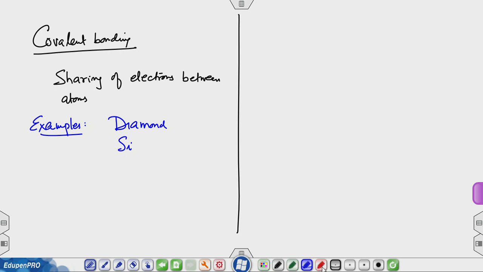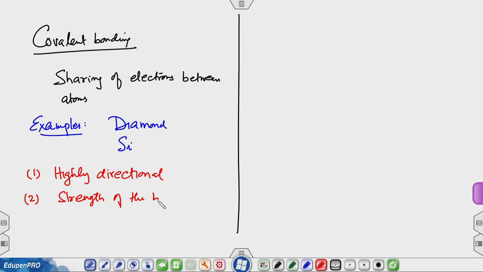So, number one, highly directional. And 2 is the strength of the bond is less than ionic bonds.